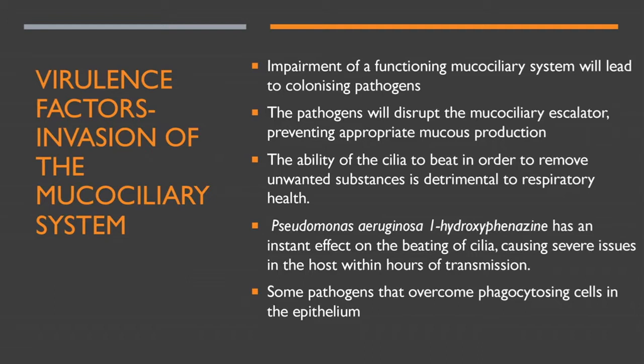The ability of cilia to beat in order to remove unwanted particles from the respiratory tract is imperative in a working mucociliary system. Many bacteria impair this system and cause the cilia to cease beating or beat out of time, allowing an infection to be established. For example, Pseudomonas aeruginosa produces a phenazine, which has an instant effect on the beating of cilia, causing severe issues in the host within hours of transmission.